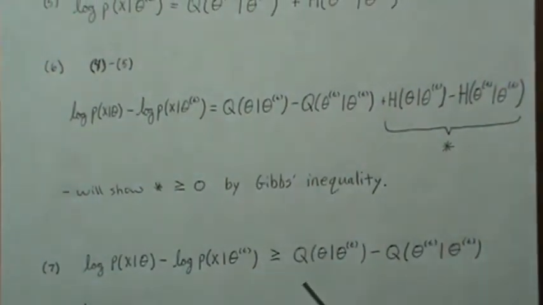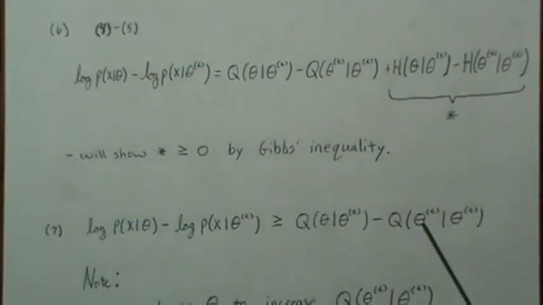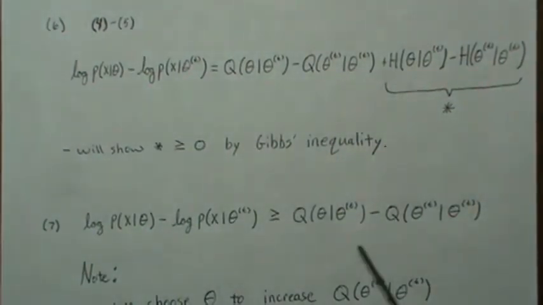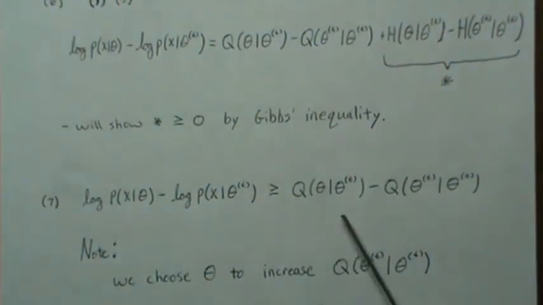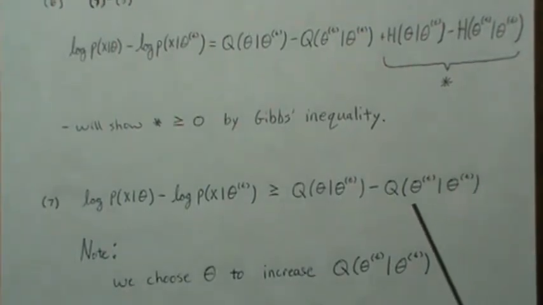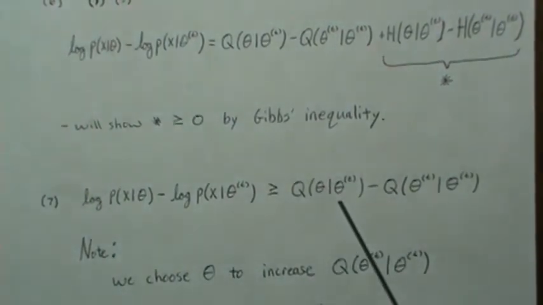Okay. Well, note that when we do this, the M step is maximizing this in regards to theta. Okay. So this is our initial guess right here, and then we take this and maximize it.